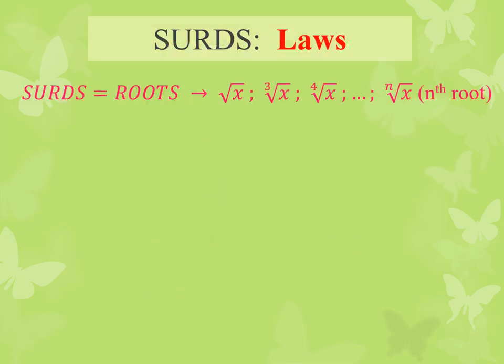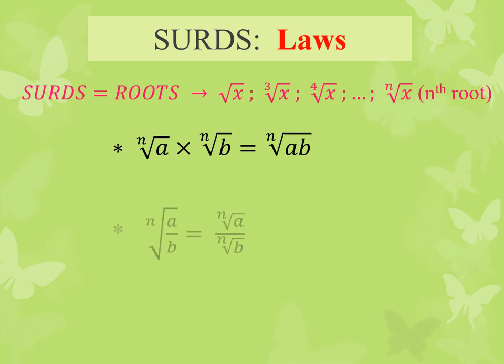The surds which we have already introduced: there's the square root, where we don't even put the 2 there. It's a gentleman's agreement. And there's a cube root, a fourth root, an nth root, whatever root. We go so far up until we say the nth root. So the nth root of a multiplied by the nth root of b is equal to the nth root of a times b.